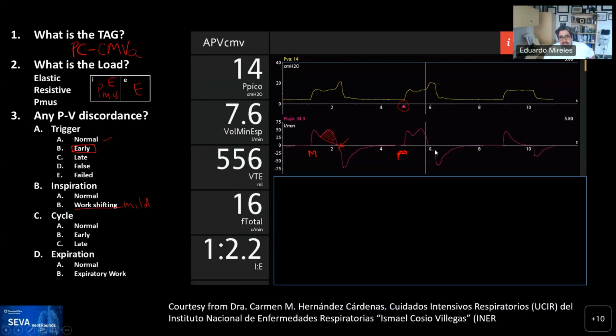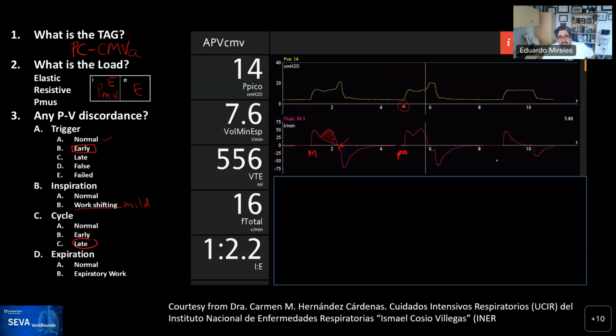And in this one, it's definitely a late cycle, meaning the ventilator cycled later than the patient. The patient was ending the breath, and the machine has a late cycle here. So there are two late cycles, in the first breath and the second breath.